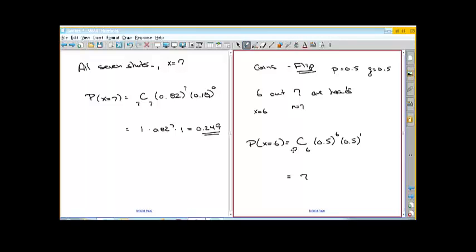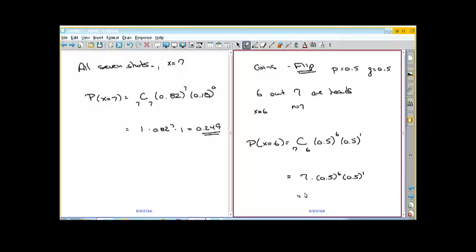Remember, if you have this as 1 and this is a number, then you use this number. If this is a number and this is 1 less than that number, then it's just the number. If it's 7 choose 0, you get 1. 7 choose 7 would be 1. Okay, so we can skip that step. And you really see that in all these cases you get 0.5 raised to the 7th power.